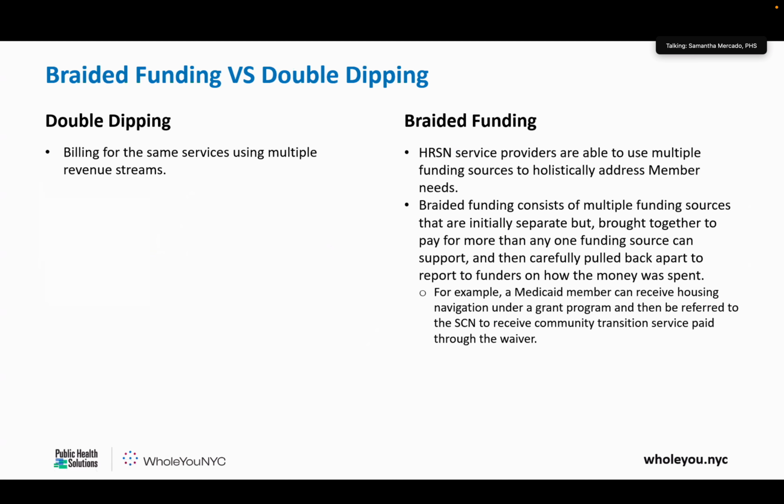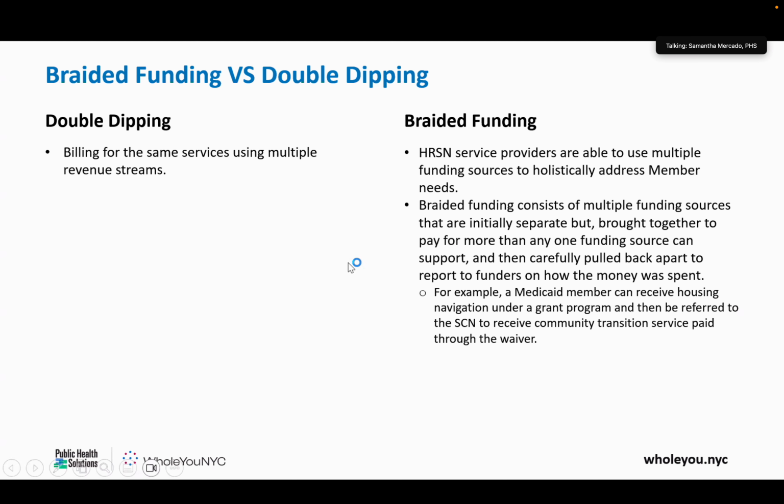I want to take a moment to quickly discuss double dipping, as I know there's been some mention of it. To clarify, double dipping would be billing for the same services using multiple revenue streams. So let's say that your organization provides screening, and that screening is already covered through a different entity.